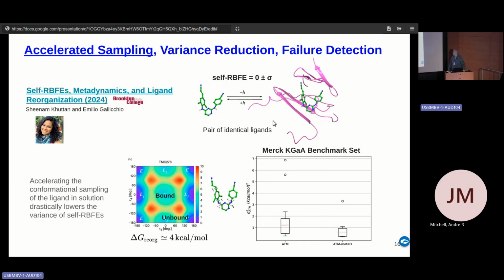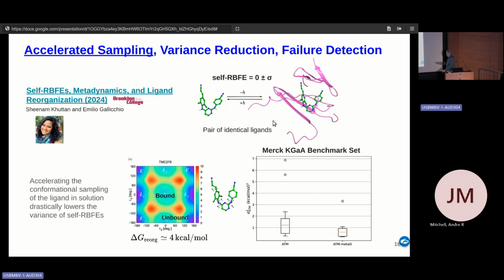So we work on accelerated sampling. The philosophy is not to change the structure of the MD code that runs the calculation. We don't change energy routines. In terms of accelerated sampling, we mostly play around with metadynamics on, in this case, torsional degrees of freedom. And we noticed in this paper that it makes convergence better.